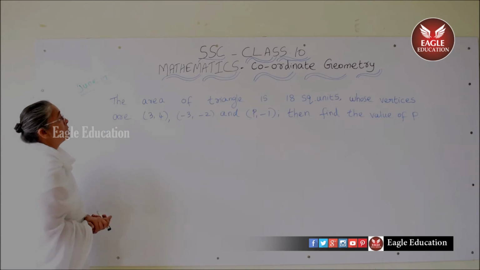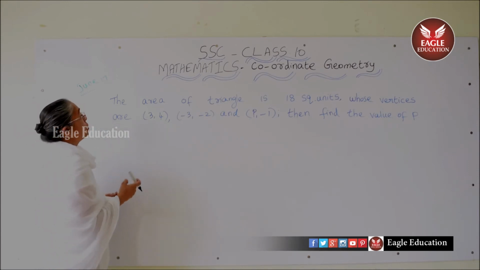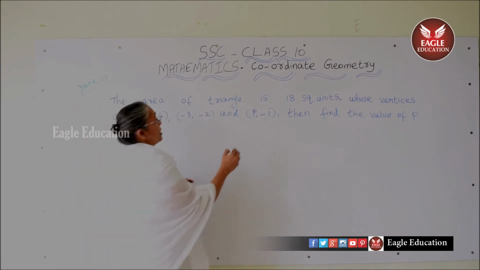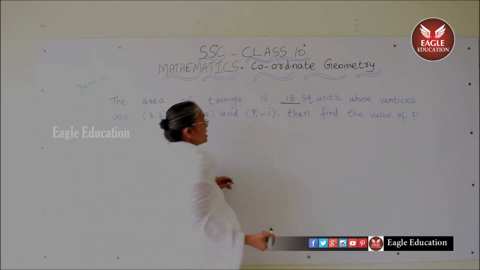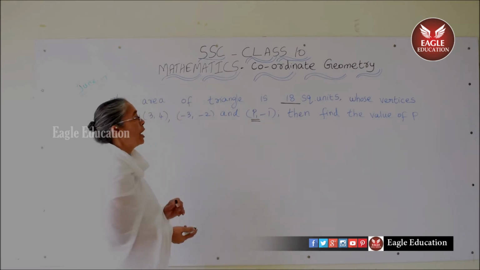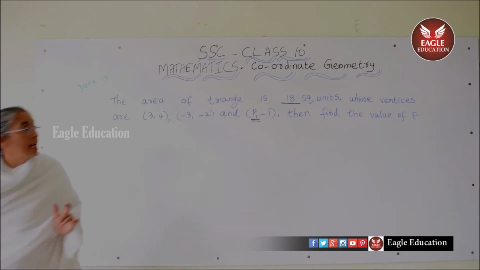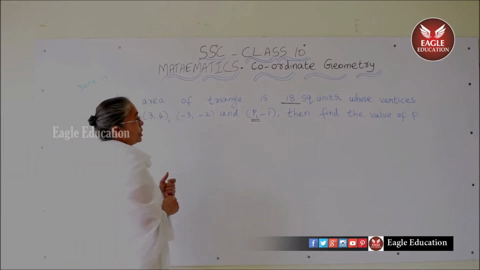Next problem, the area of a triangle is 18 square units whose vertices are given. In the given vertices one unknown quantity is there which is P, and we have to find the value of P, and also it is given that the area of the triangle is 18 square units.